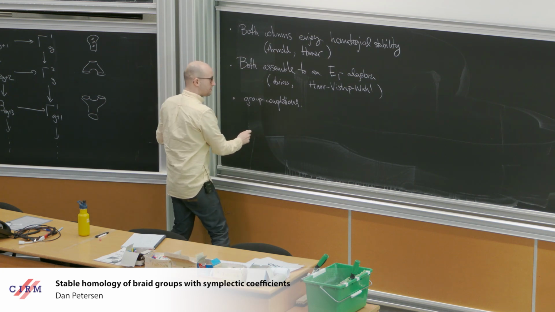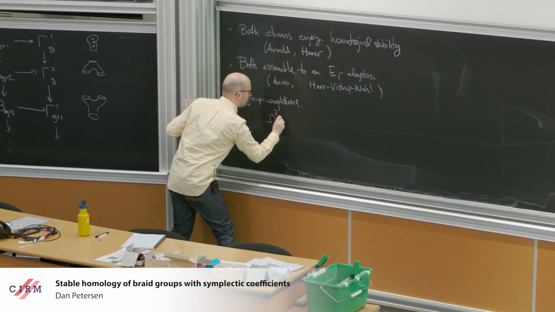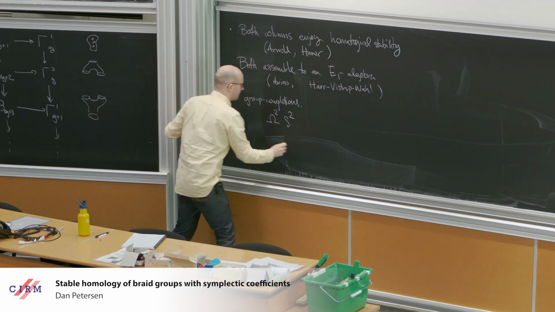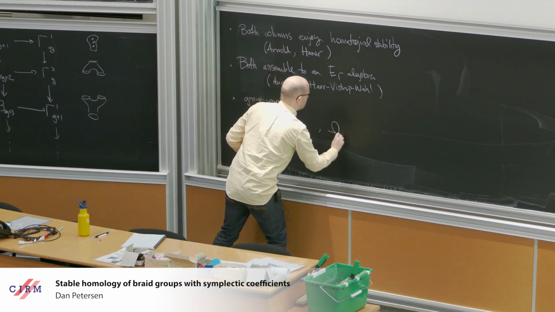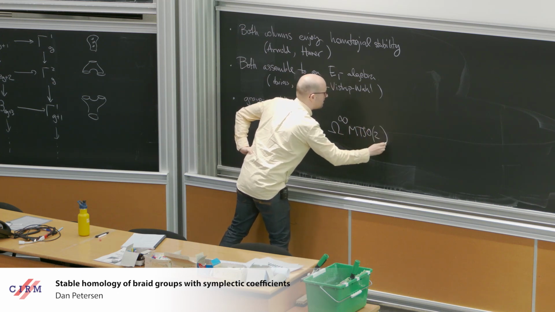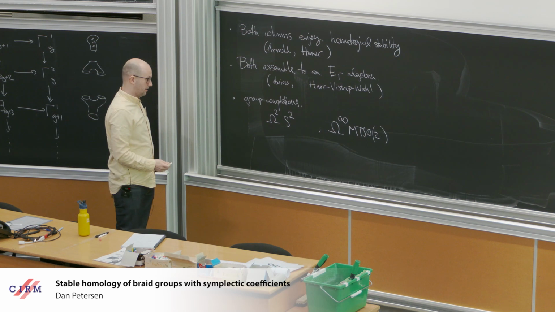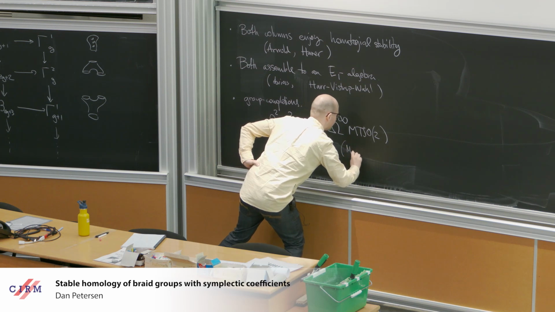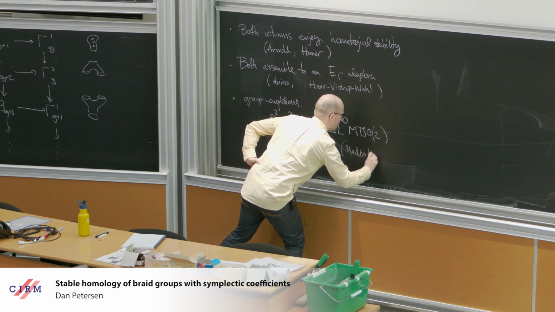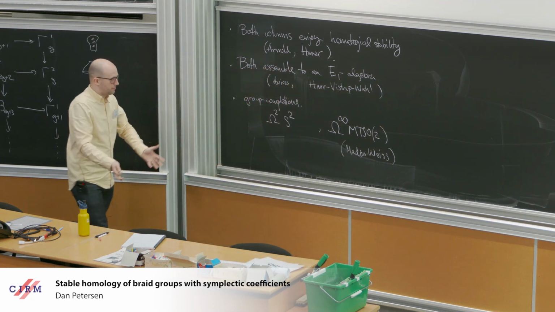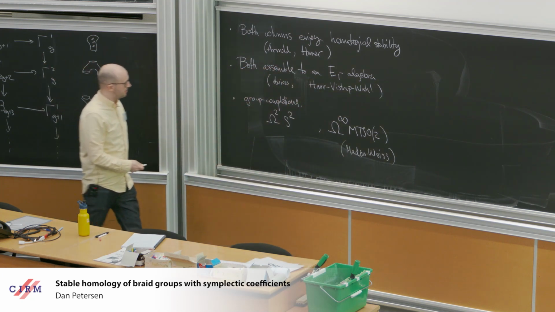And the group completions are loop 2, S2, and this infinite loop space, loop infinity of this Madsen-Tillmann spectrum. And this is due to Madsen and Weiss. This was their proof of the Mumford conjecture.